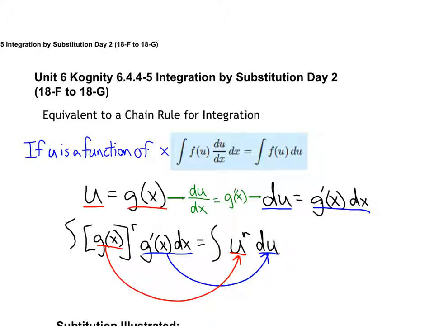And what this is saying is that if we are taking the integral with respect to x, and inside of here we have f of u times du dx, notice what we can do. We can actually cancel out the dx's, and we're doing the integral of f of u du. Okay, so we have actually substituted out all of the x's, and we only have u's left over.